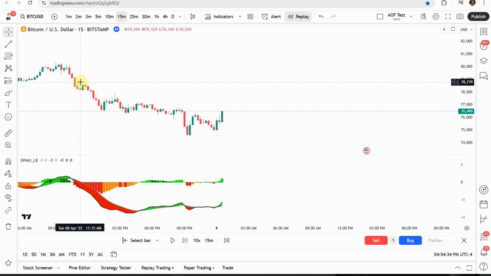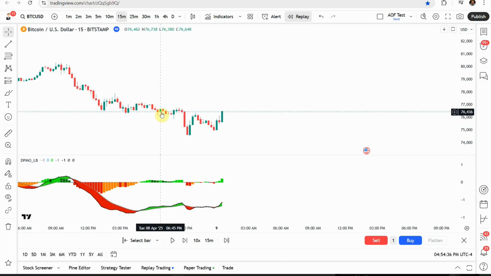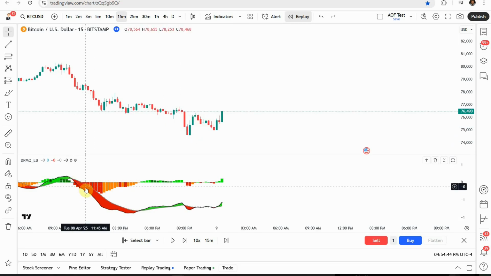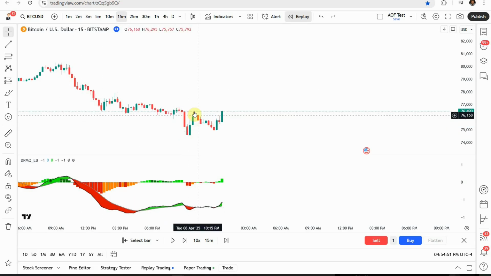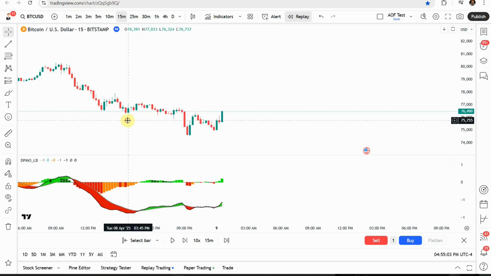As you can see, price is slowly stair-stepping its way down, making these lower lows and lower highs, and so on. You can see here how the indicator is pushing down initially as price is pushing, but as price makes this new low here, the oscillator actually makes a high right here. And that is a divergence between price and the indicator.